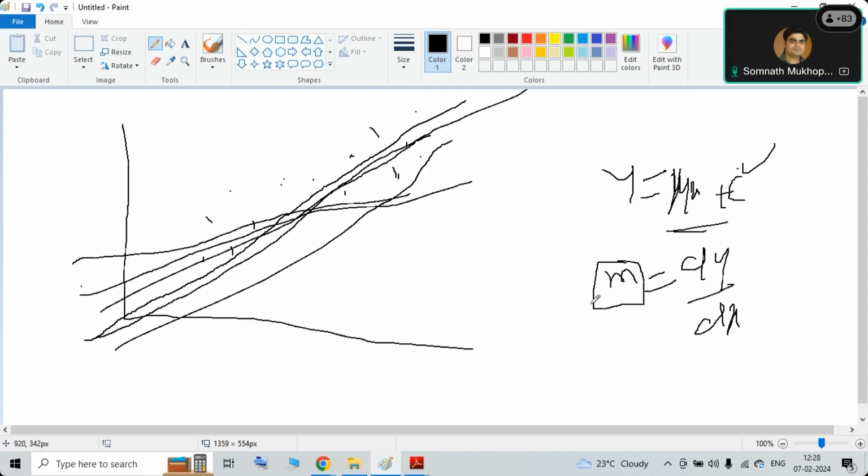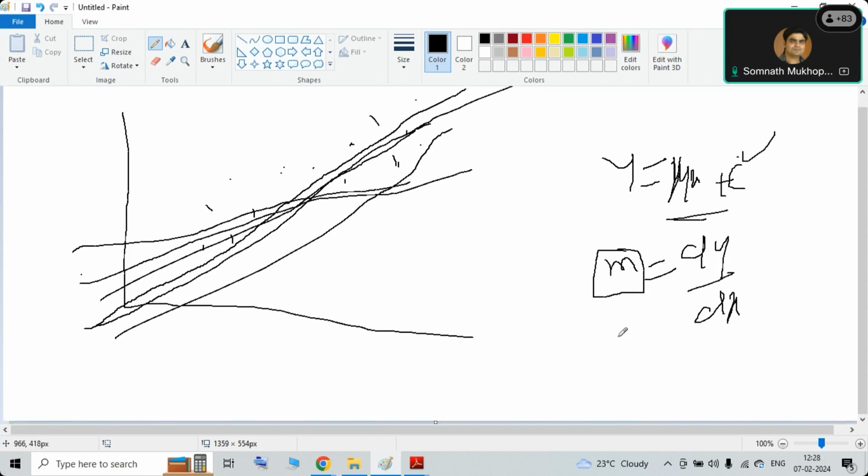By using different x values, we will find different m values, and that slope m is what we need to find the best fit line.